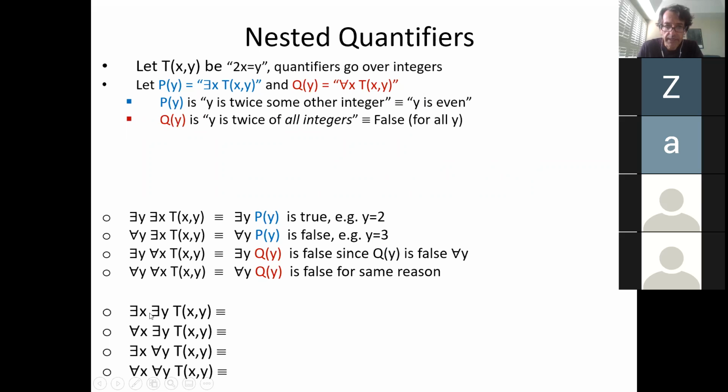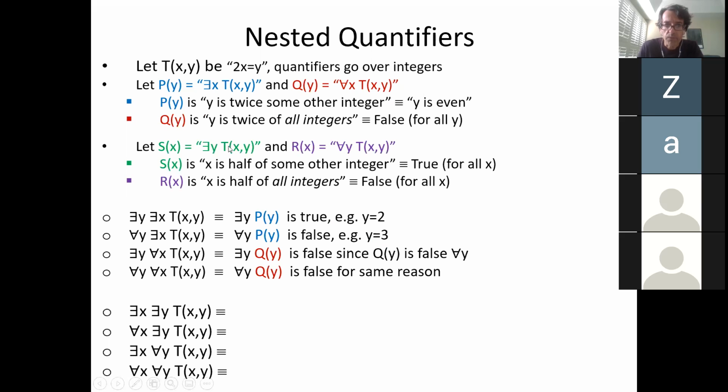The inner thing says about x that there exists a y such that twice x is y. So that's my predicate here that I will recognize. The green predicate is there exists a y such that twice x is y. It's a predicate about x.